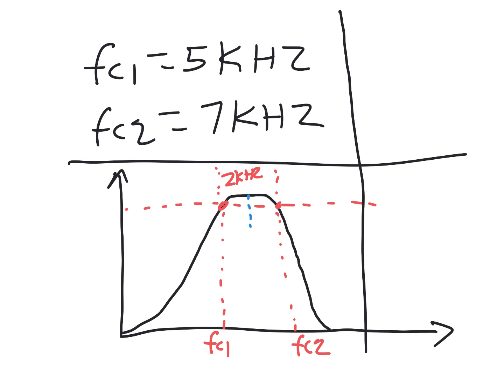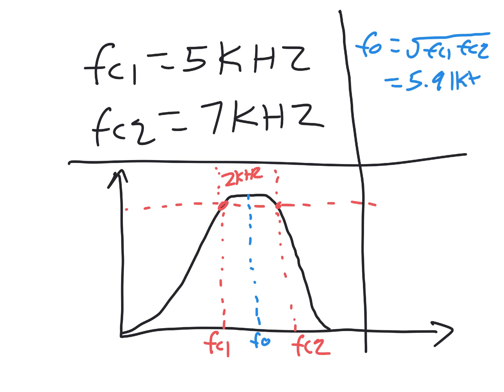The center frequency, square root, right, so that would be the square root of 35, 5.91 kilohertz, and then the quality factor again would be the 5.91 divided by the 2.96.